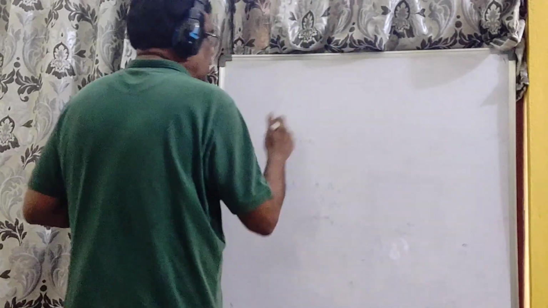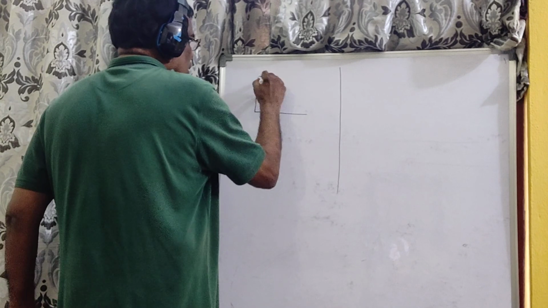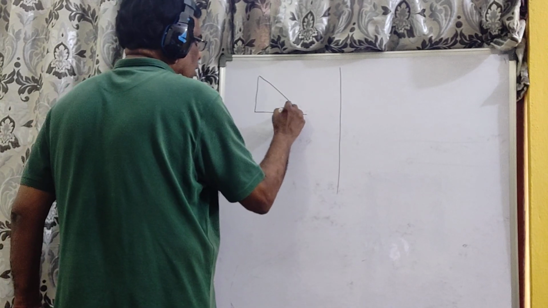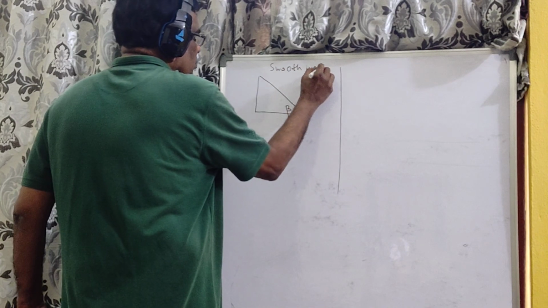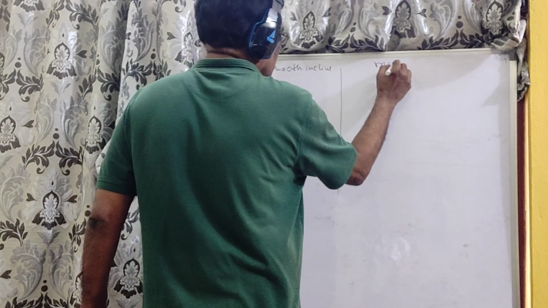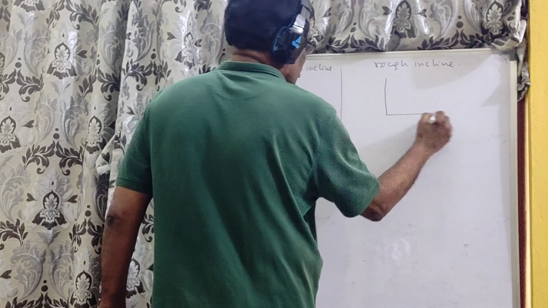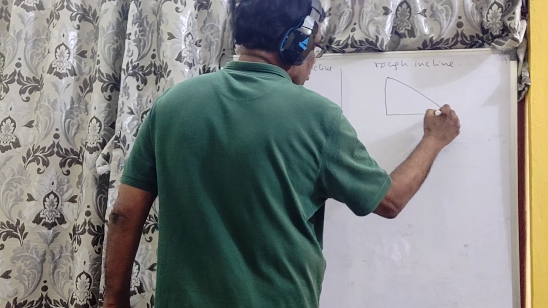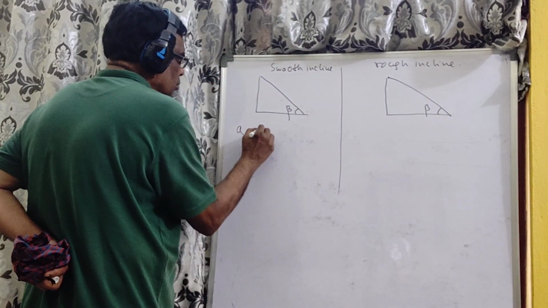For example, I'll just give you, here is a smooth incline. Here is a rough incline. Now, what is A here?